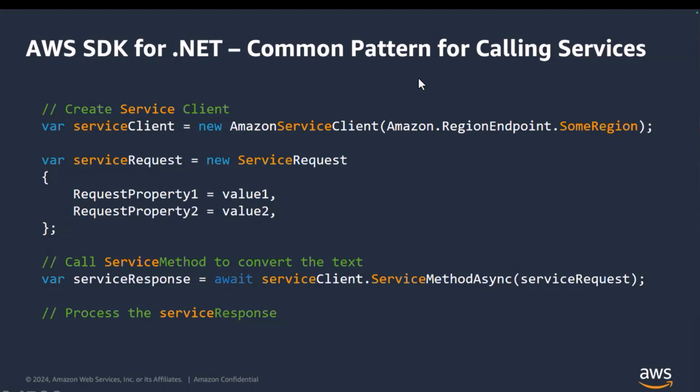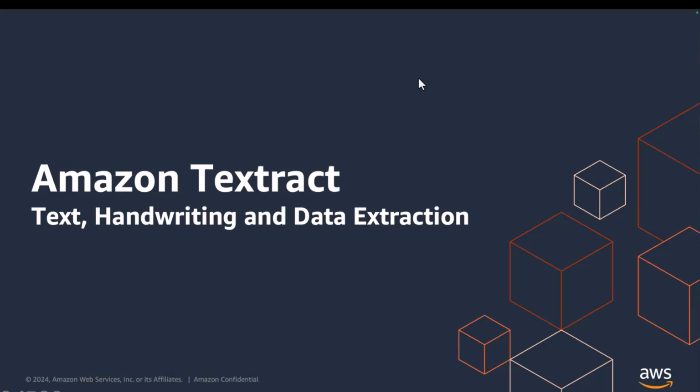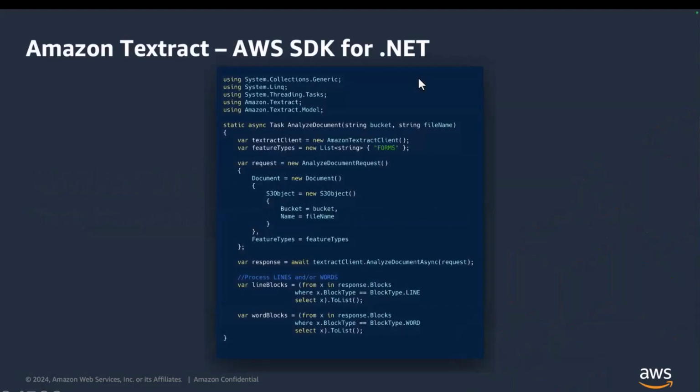So again, as an example, let's say that you want to use Amazon Textract. Textract is one of our services, and it's not the central purpose of the session today. But let's say that you want to use Textract for extracting text or handwriting from a document. You can absolutely do that, and hopefully this text is visible enough.